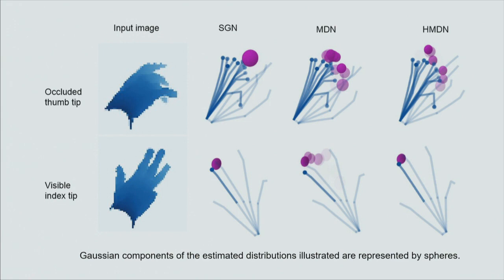The spheres are components of the multi-Gaussian, the center is the mean, the radius is the standard deviation, and the transparency is in proportion to the mixture weight of different components. So we can see HMDN combines the superiority of SGN and MDN.